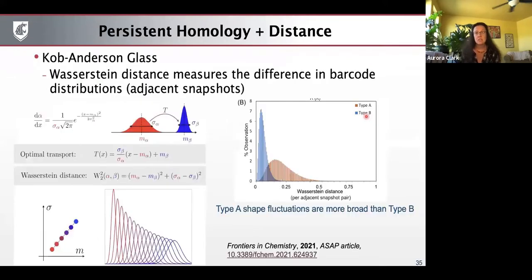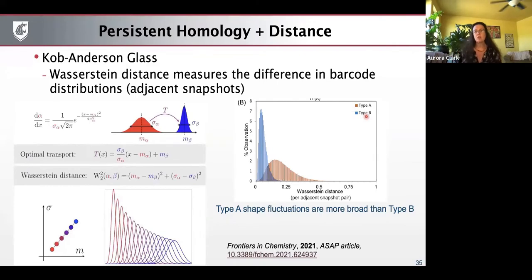What's more interesting is thinking about the fluctuations in shape. To understand the fluctuations in shape, we first look at the Cobb-Anderson glass, and what we did was we looked at the Wasserstein distance between the barcode distributions of adjacent snapshots in time. So we've got one distribution that represents the shape at time t, and then another distribution that represents the shape at t+1, and we're looking at the amount of work needed to transform one distribution into another.